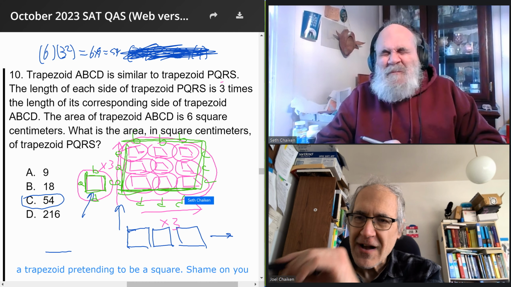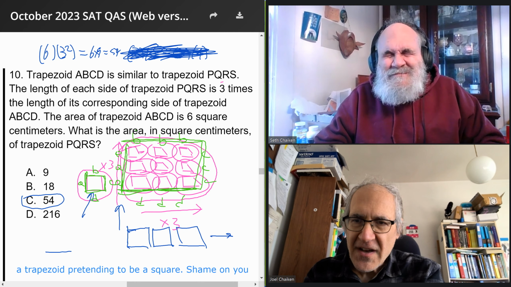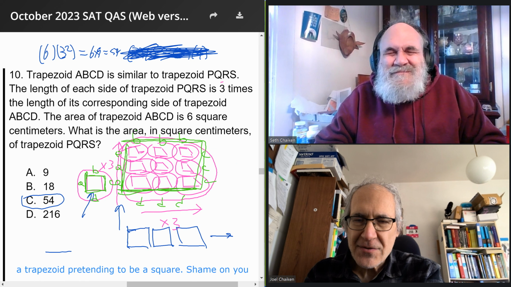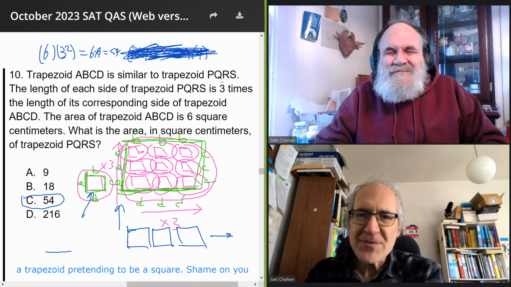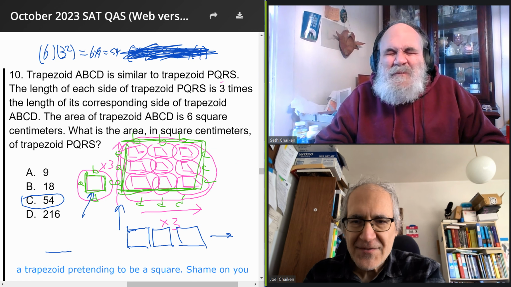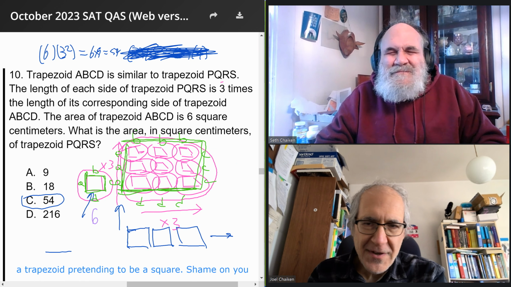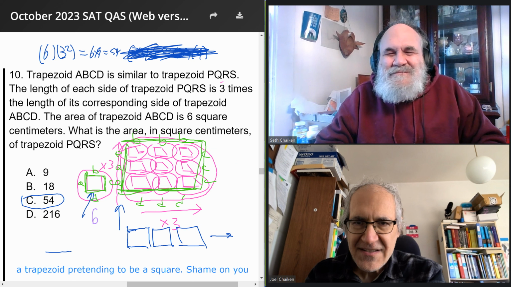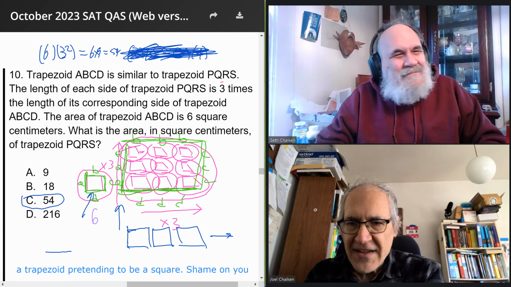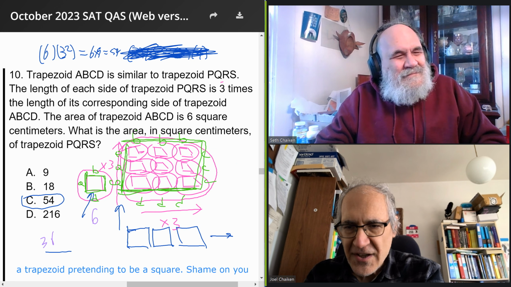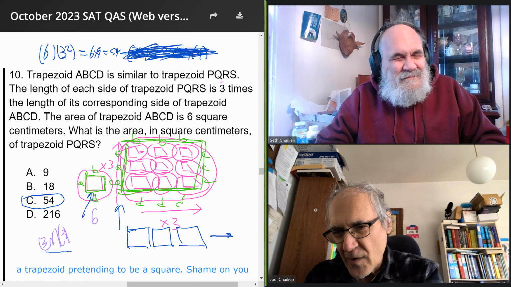So if we change the problem to say the length of the side of a square is 6. I'm changing the problem, okay? So if the length of the side is 6 and it goes up 3 times, then the perimeter is originally 36 times 3, which is like 108 or something.